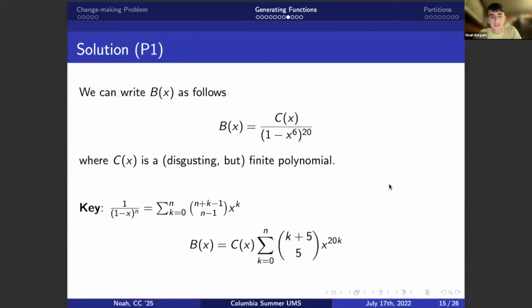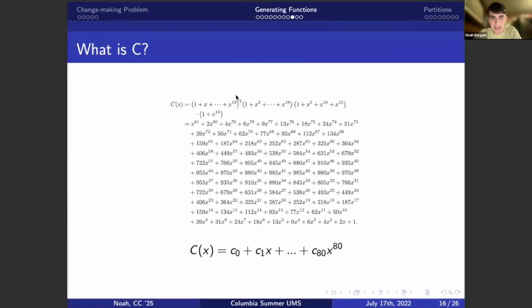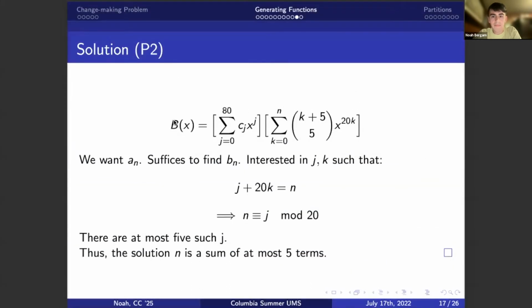And okay, so what's important here is that when we consider that C is a finite polynomial, then we could write b of x as the product of these two polynomials. So again, this should be 81. And if we zoom out again, what we want is a of n.